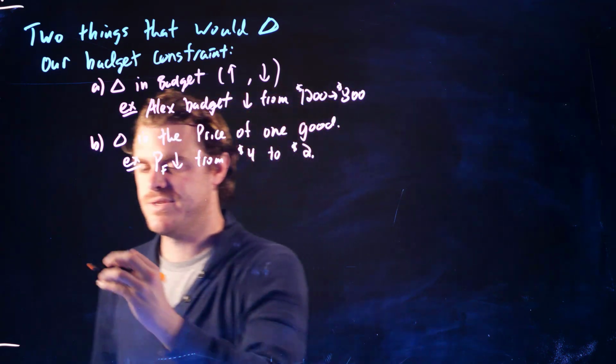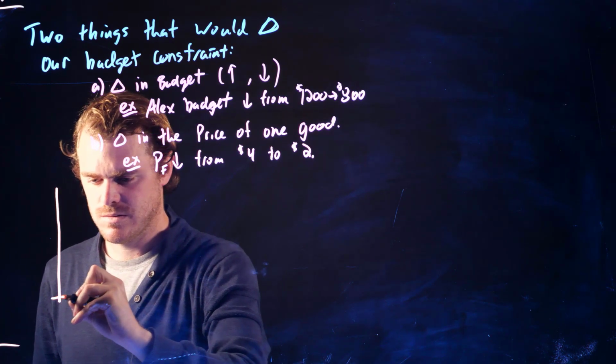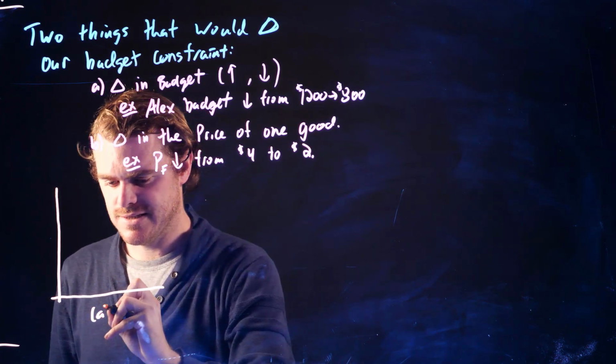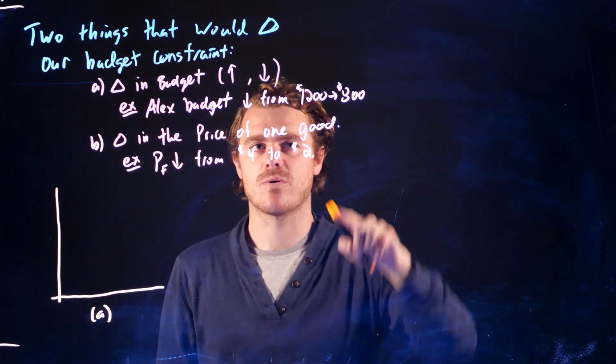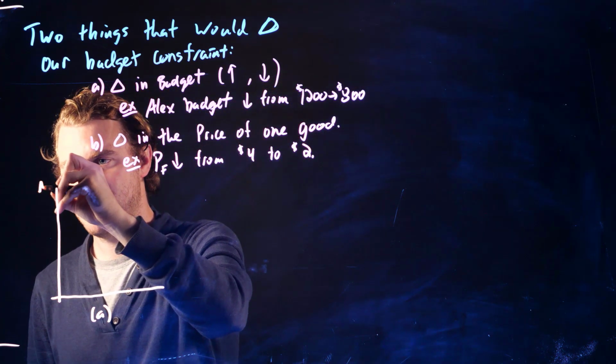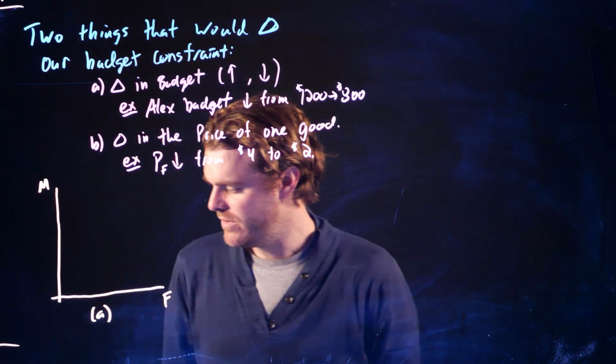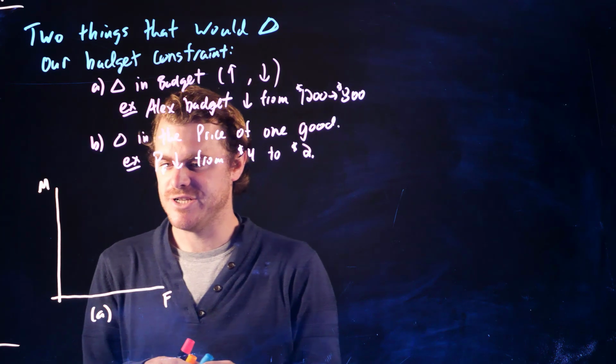So let's start off with scenario A over here. So let's say this is A. And we're going to concentrate on this 1,200 to 800. So we had mangoes and fish. Hopefully I can have enough colors here so we can differentiate between the two.